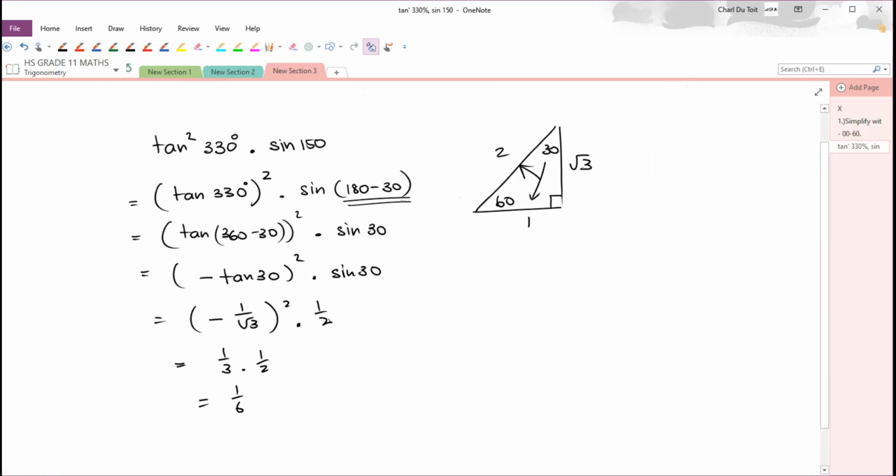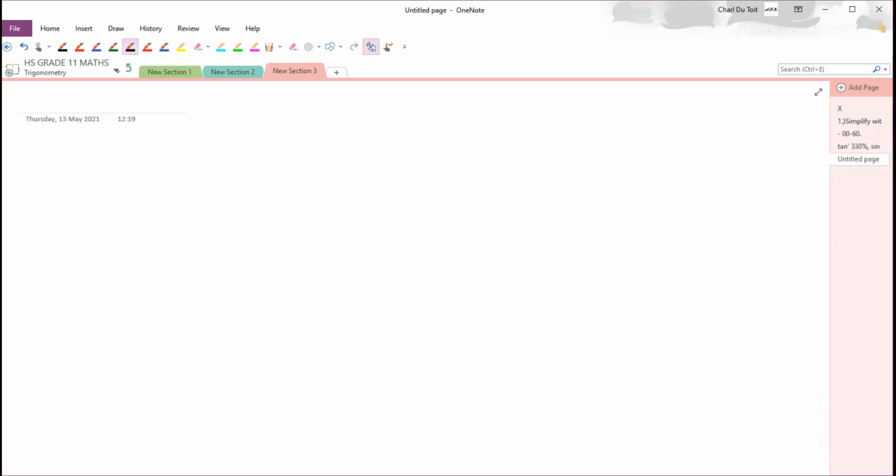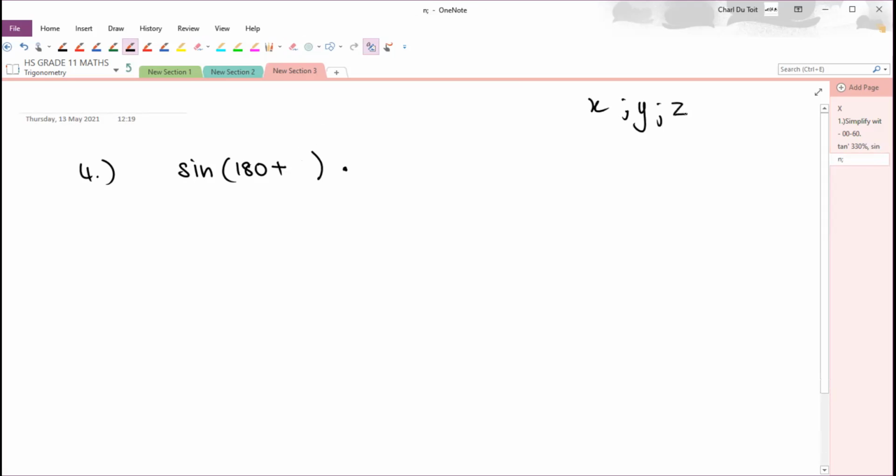Okay, so that's not too difficult. Now, there's another way that they can ask these sums. They can say, work out the following or simplify the following: sin of 180 plus alpha, for instance, or x, or beta, or theta, or whatever. They like using alpha. In algebra, we like using x, y, and z for unknowns.